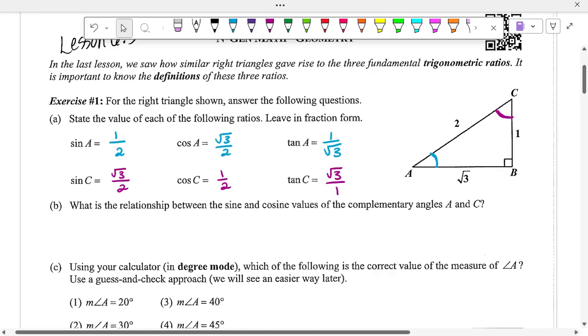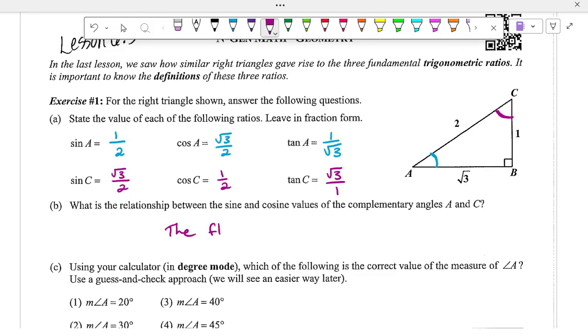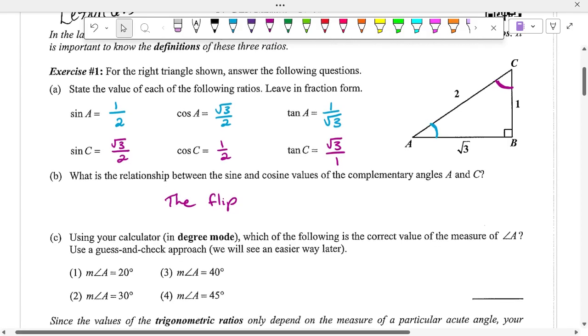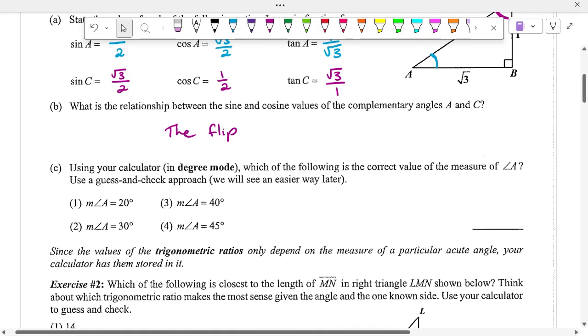Now, remember the relationship between the sine and cosine values of the complementary angles A and C. What's the relationship between them? They flip. And it's because their opposite and adjacent flip, depending on the reference angle. Now, using your calculator in degree mode, which of the following is the correct value of the measure of angle A?